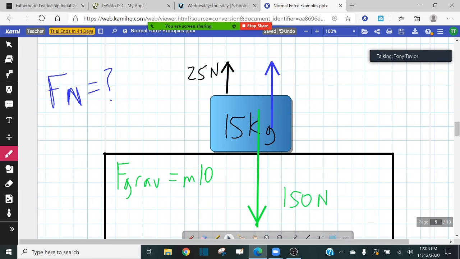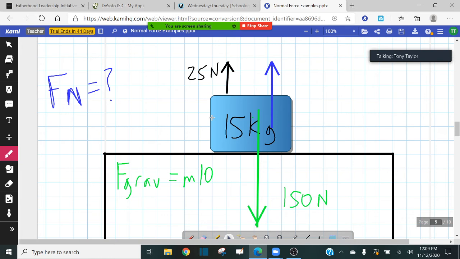Now, guys, this box here is not moving. It's at rest. So that means all of these forces must be balanced here. Remember what I said: in situations where you're at rest, all of your up forces have to balance out with your down forces. In this particular case, I have two up forces and one down force.